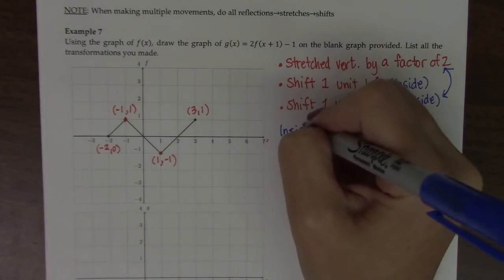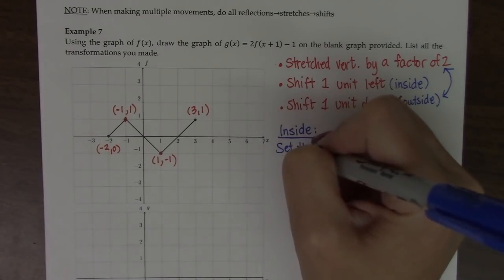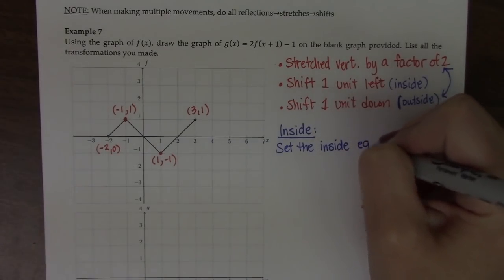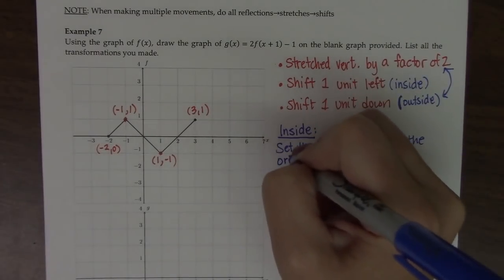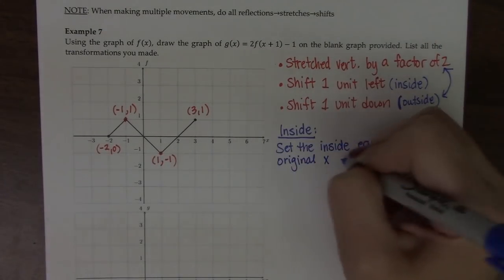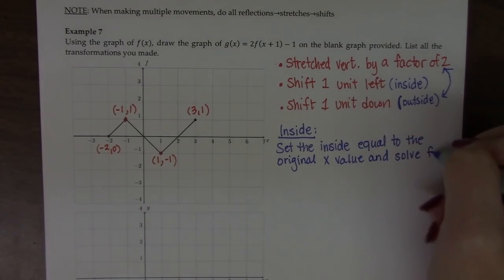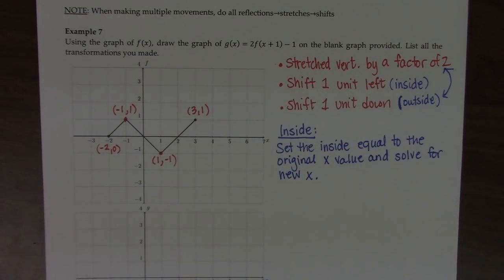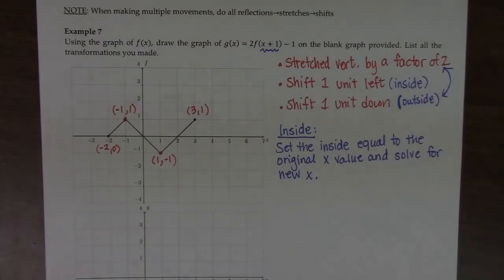So for moves on the inside of the function, set the expression inside equal to the original x value and then solve for the new x. All right, so let's see what I mean here. If we look at our equation, there's the expression on the inside of this function.